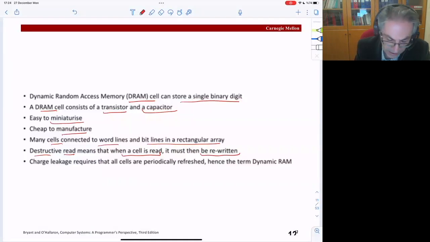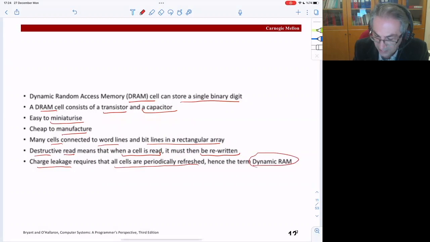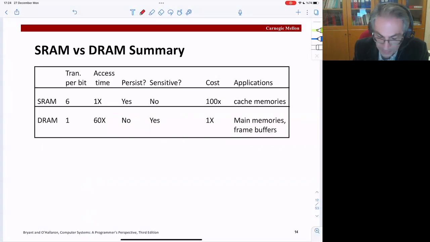And as a result, the charge leakage continues and all cells need to be refreshed, hence the term dynamic DRAM.